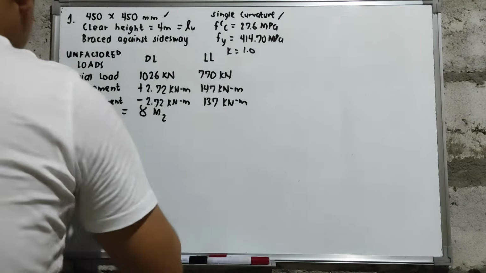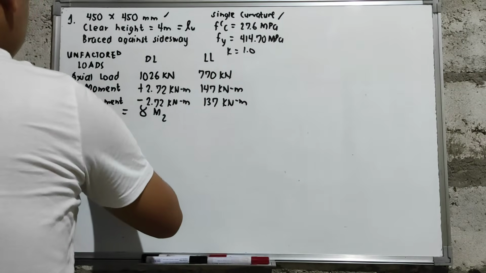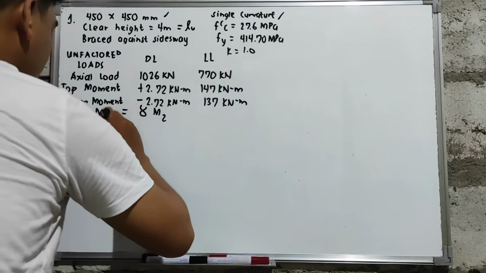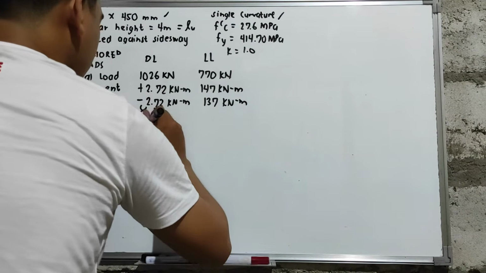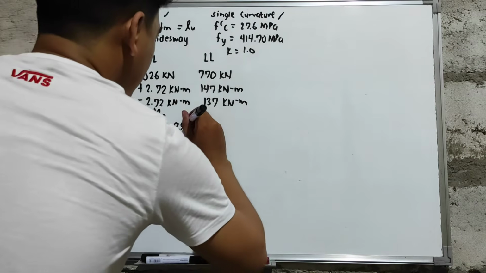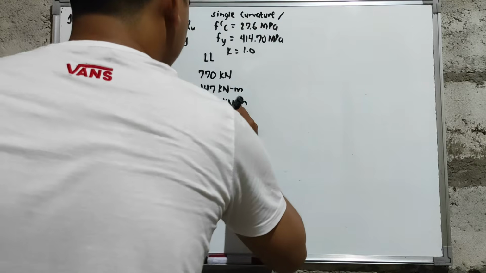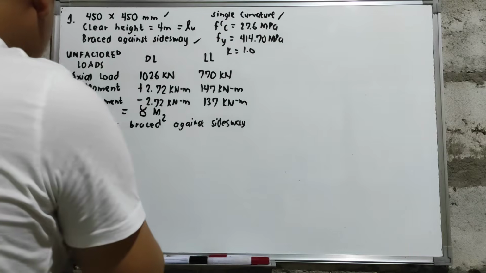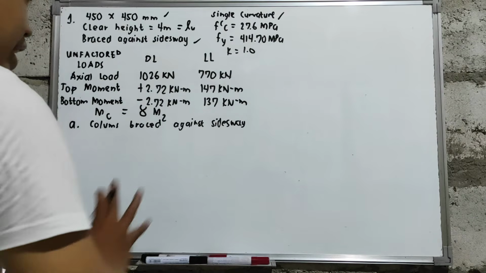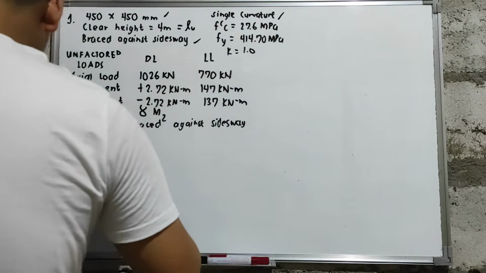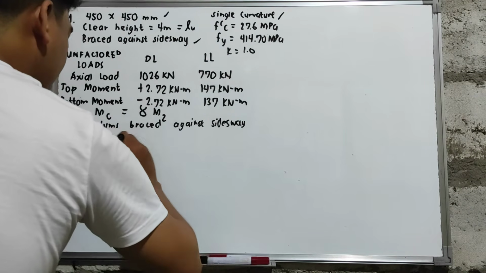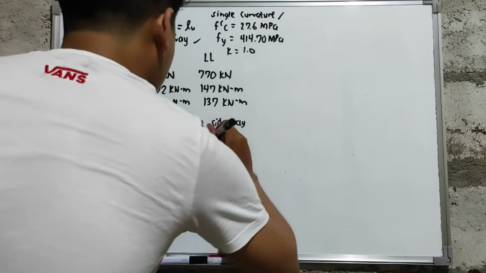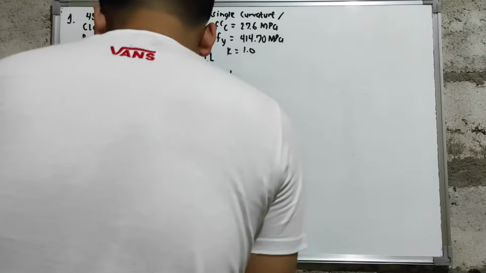To check for that, we will first solve our slenderness ratio. We have here a column braced against side sway, as indicated in our problem. So the criteria we will use to know whether we have a short or long column is to compare the slenderness ratio to the value 34 plus 12 multiplied by M1 over M2.